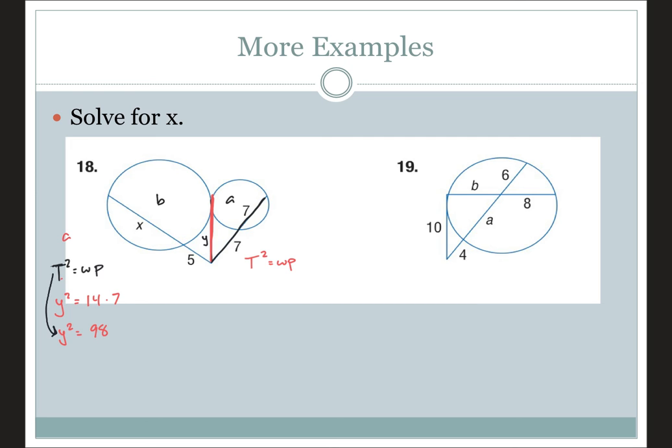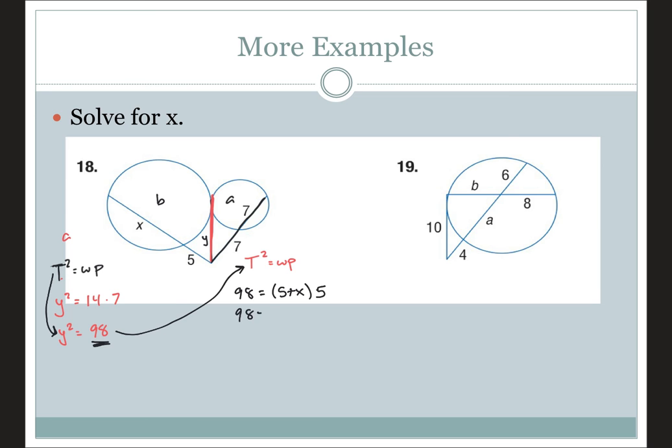I haven't figured out what y is, but I don't necessarily need y. All I need is t squared. So now I'm going to take t squared, or 98, and plug it in over here. So I have 98 is equal to 5 plus x times 5, and I can keep solving.